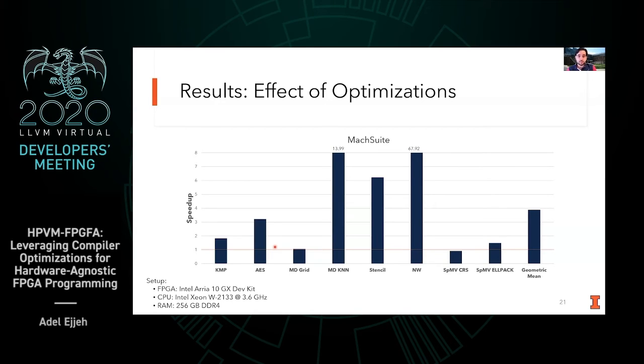Each bar here shows the speedup of the corresponding benchmark with respect to the baseline, with all the optimizations applied to it. And the rightmost bar shows the mean speedup. We can see that our optimizations are able to achieve considerable speedups, with some benchmarks benefiting more than others. And we get an average speedup of approximately 4x across all the MachSuite benchmarks.